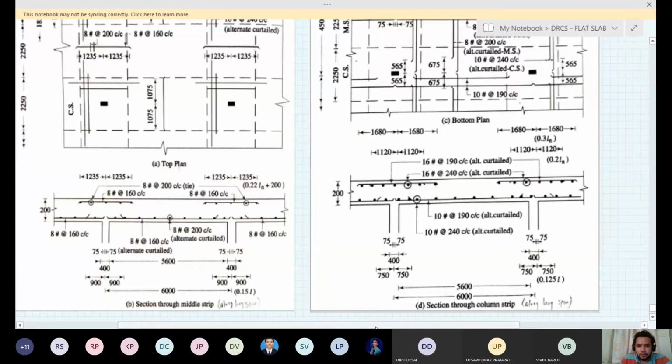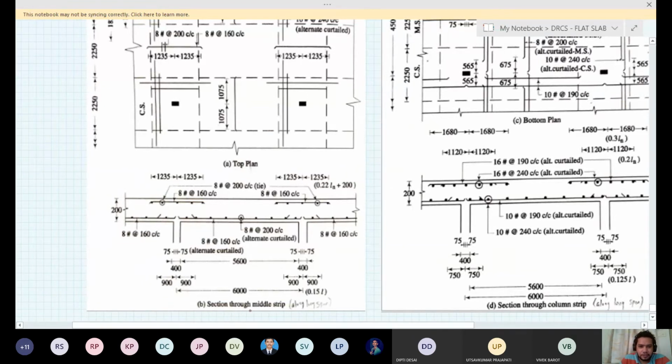So this figure to the left is a section through the middle strip, and this is the section through the column strip. This is the top plan and this is the bottom plan. This is section through middle strip along the long span, and this is the section through the column strip along the long span.